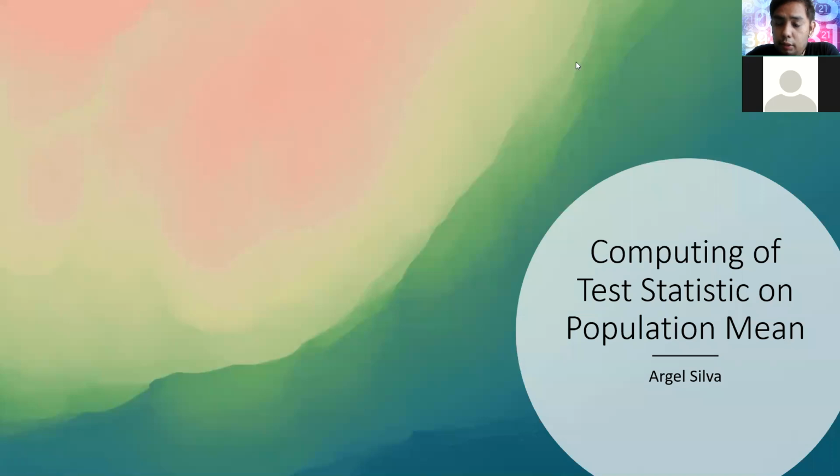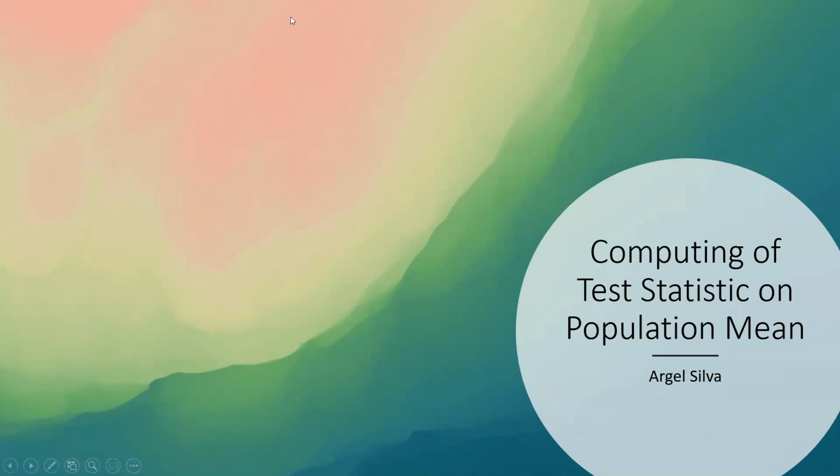This is our module number 6, which is computing test statistics on population mean. Last time, nagkaroon tayo ng activity with regards sa identifying whether it's z-test or t-test.